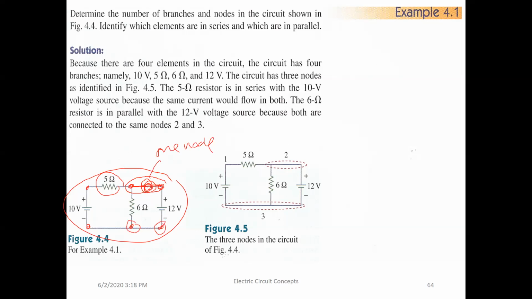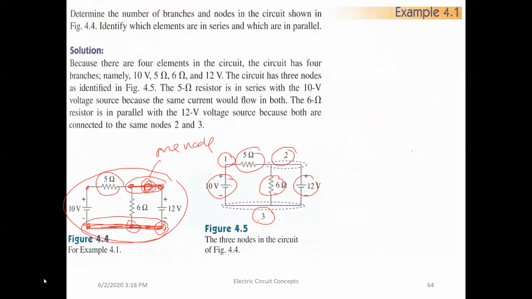The answer is no, because you can draw a line with no element in between, so you can short all these 3 points. That means all three are one point. So we have 3 nodes. And for the elements, just count how many we have, either a voltage source or a resistance: 1, 2, 3, 4 elements.